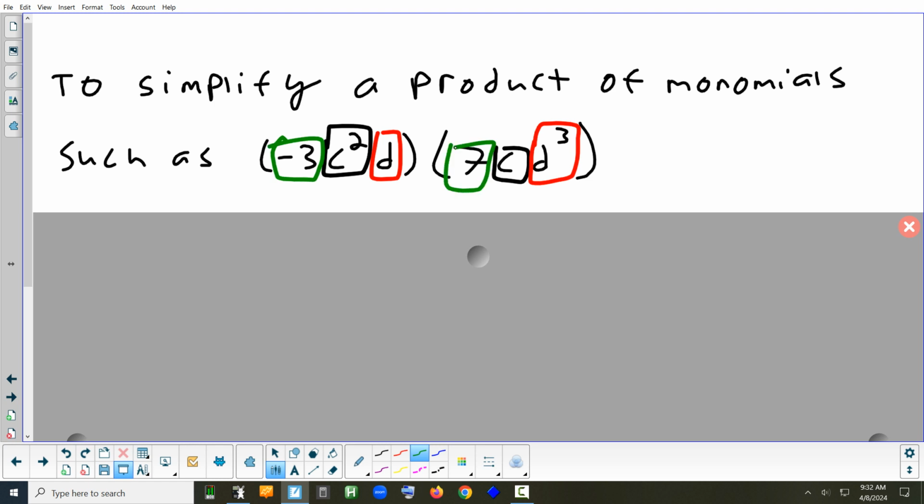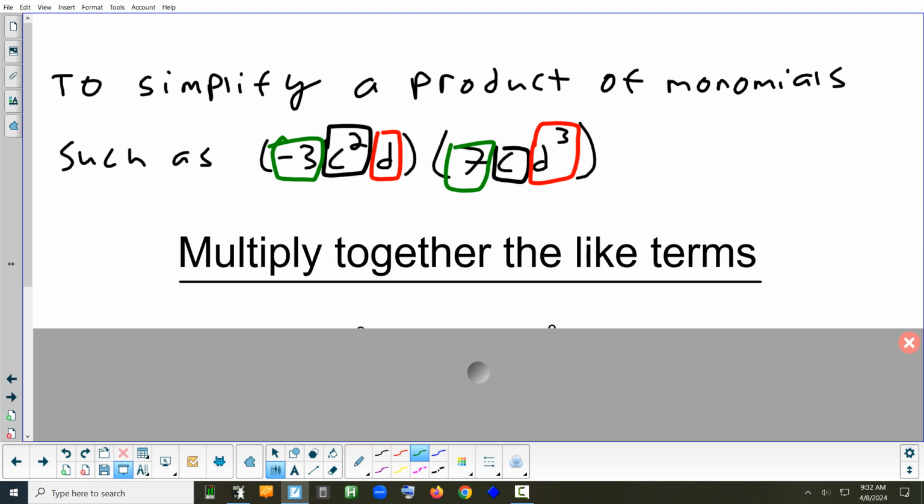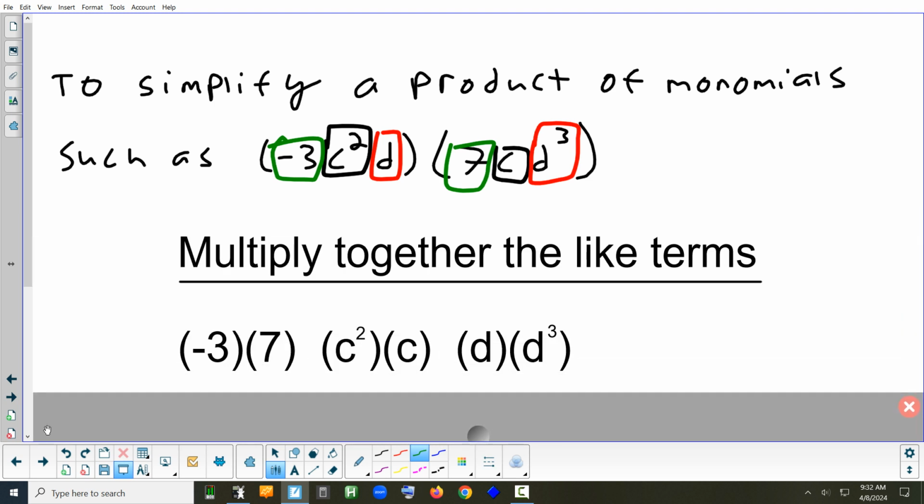So we're going to multiply all these together, but what we're going to do is rewrite it like this. When something is multiplication, you can rewrite it in any order you want. So let's put the negative 3 and the 7 next to each other. Let's put the c squared and the c next to each other. And let's put the d and the d cubed next to each other. So we're just putting together the like terms.